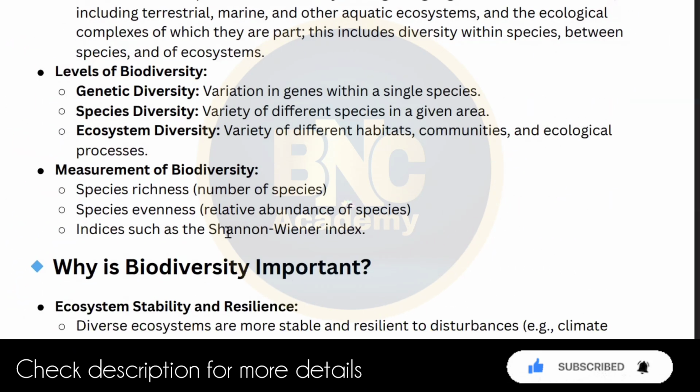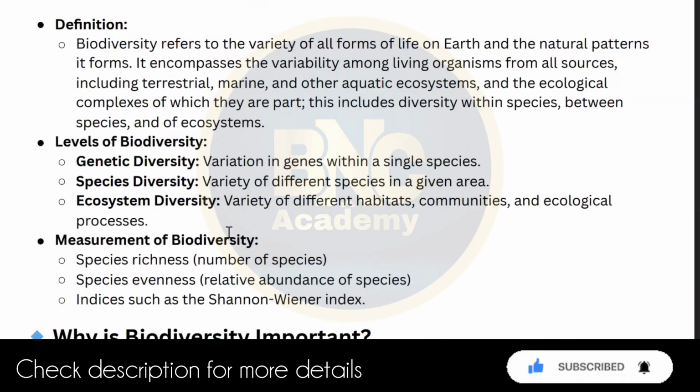Let's see genetic variation. Genetic diversity within a species is equally important. It refers to the variation in genes among individuals of the same species. Genetic diversity also allows populations to adapt to changing environments and resist diseases.